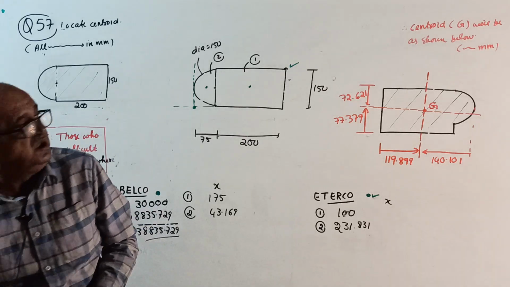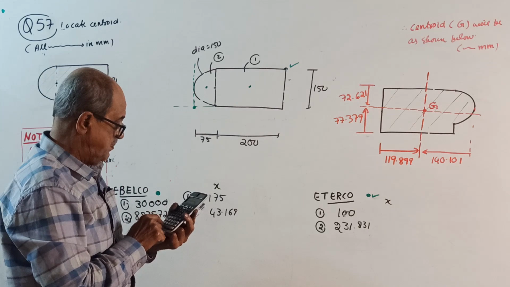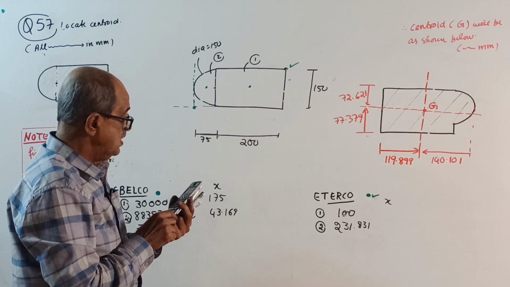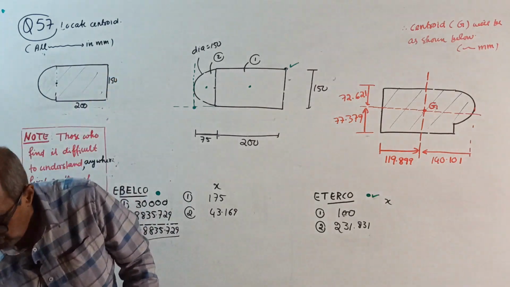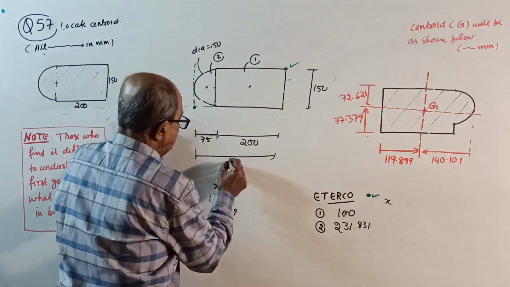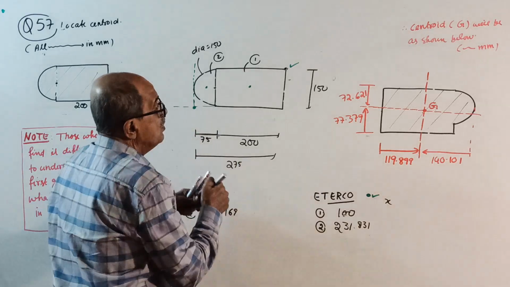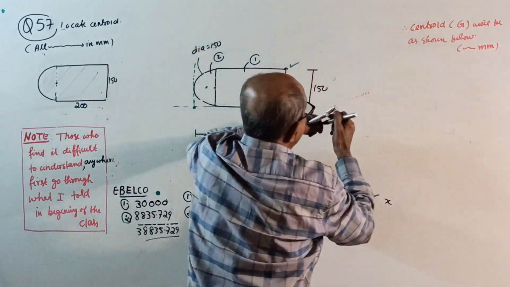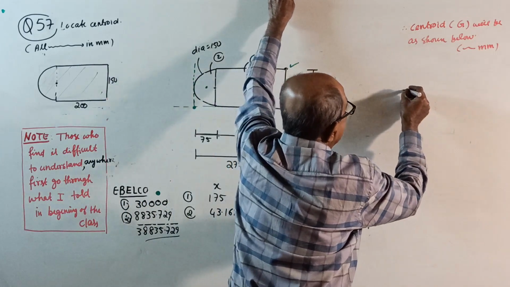Just check it: 231.831 plus 43.169 is 275. Correct? So I forgot here, the total length is 275. Therefore, now write the answer. Centroid will be, see here.